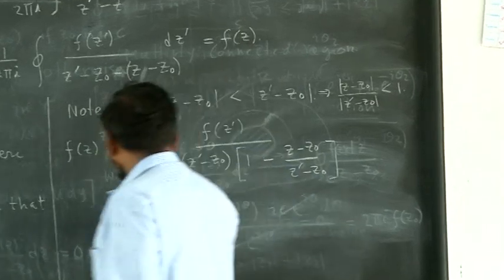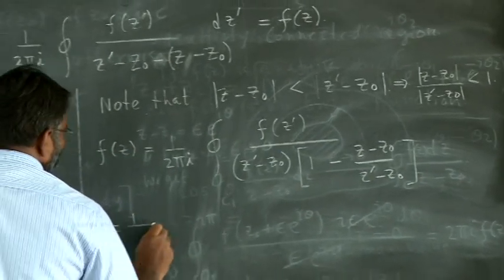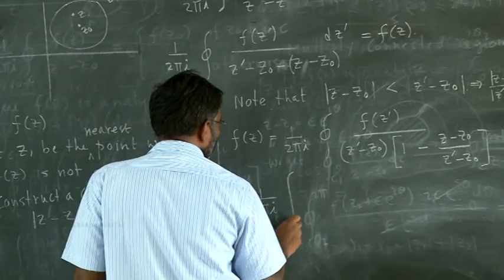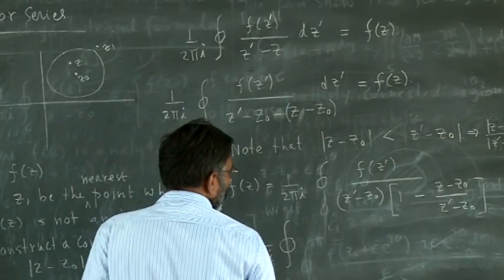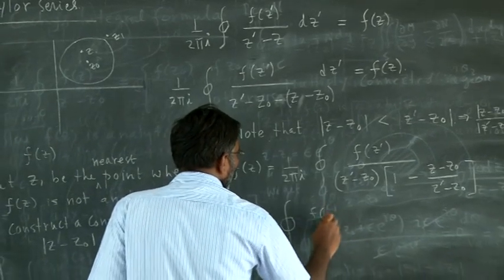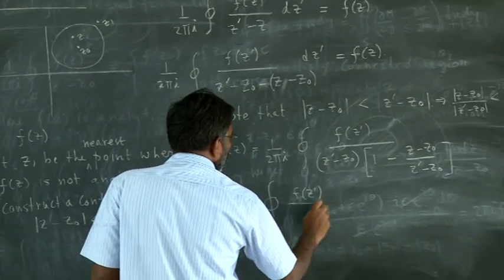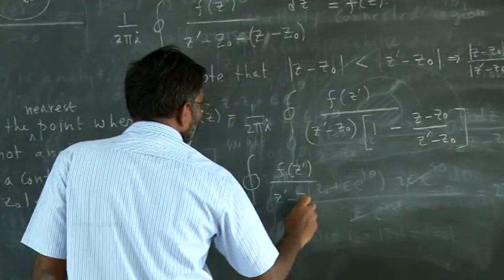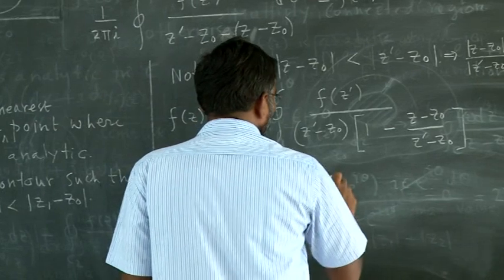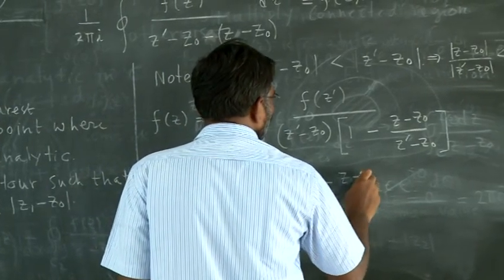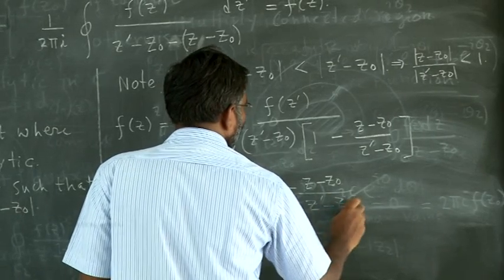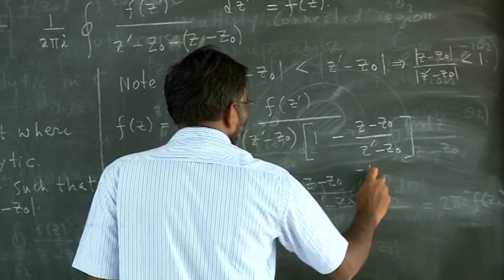So now I can write this as 1 over 2 pi i integral over a closed contour C of f of z prime by z prime minus z naught into 1 minus z minus z naught divided by z prime minus z naught to the power minus 1.